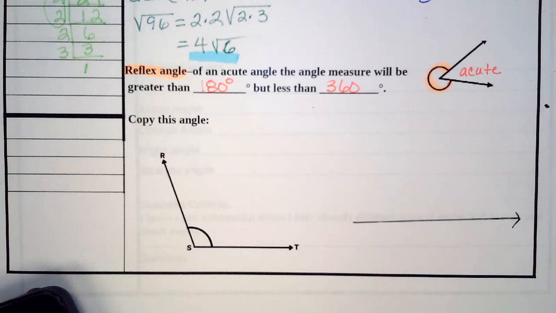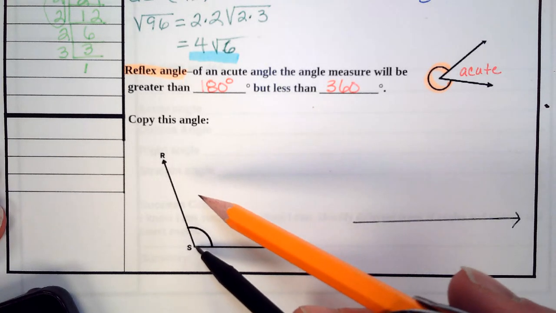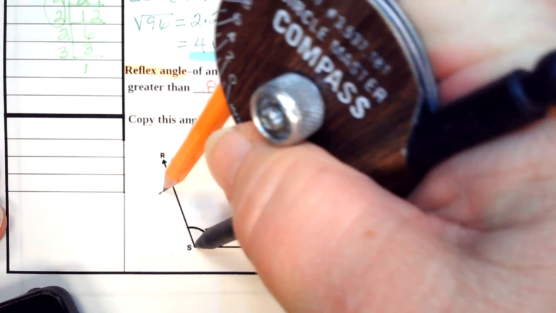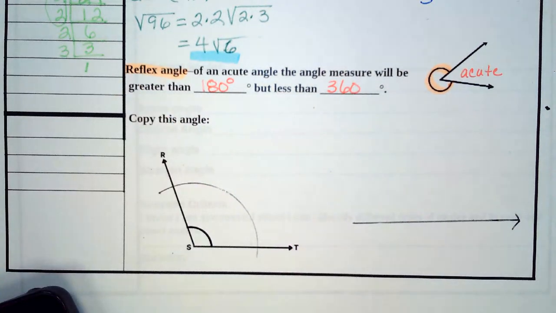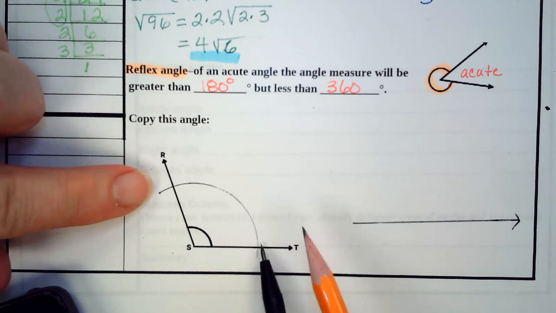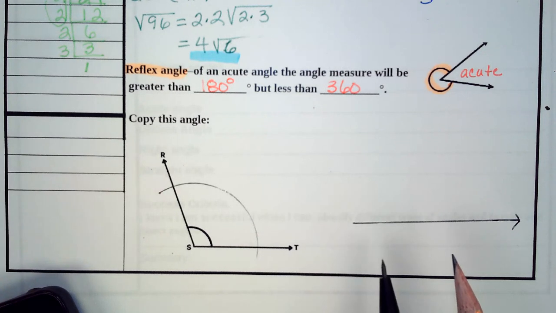Okay, now how do we know how big that angle is? Well, we're going to use those equidistances. So, using my compass, I'm going to make sure that I do an arc all the way through. This gives me 2 points that I can use to measure.